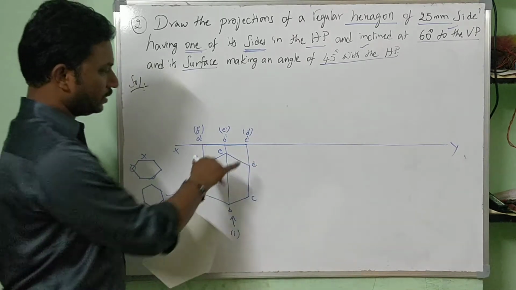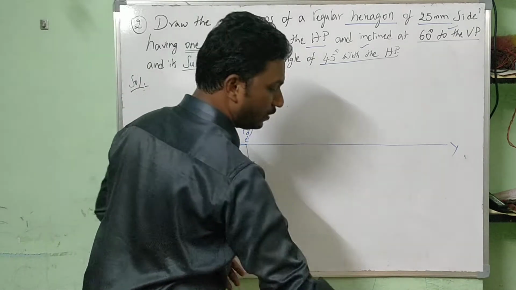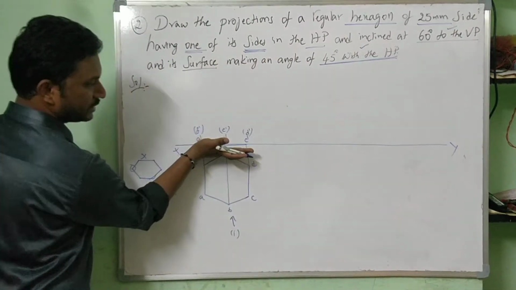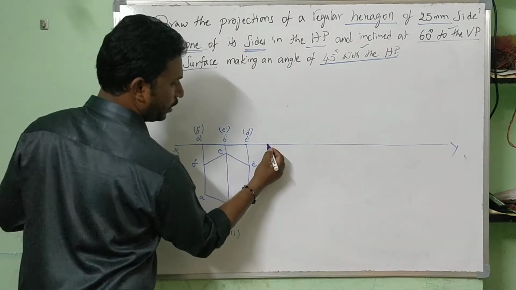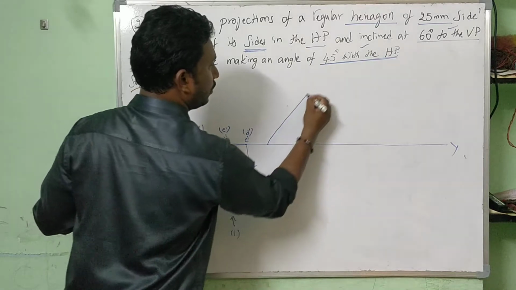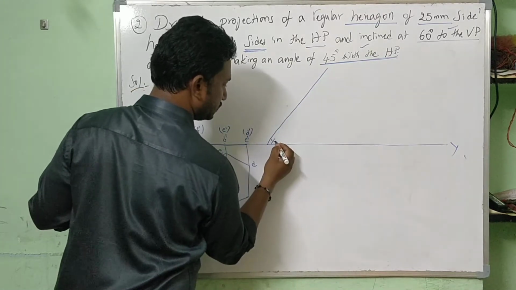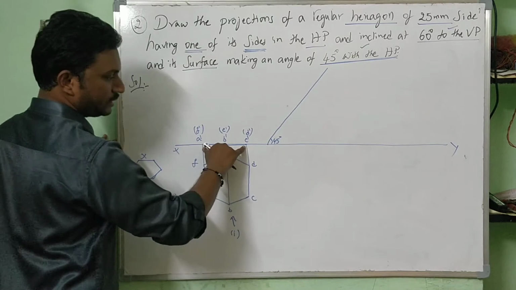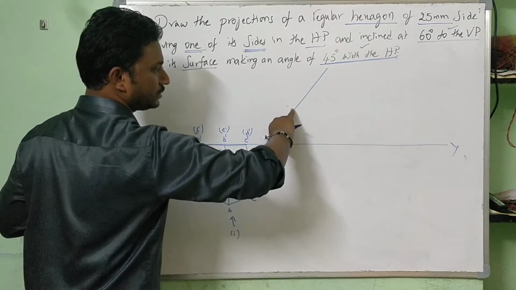Surface means whatever line you got, it has to be drawn at an angle of 45 degrees. Surface, because this is surface, I am lifting it. Take a point on the XY line, draw a line at an angle of 45 degrees. On this line, keep the distance of A dash, C dash.